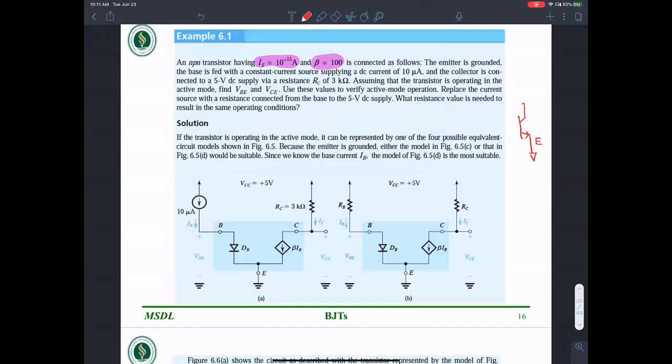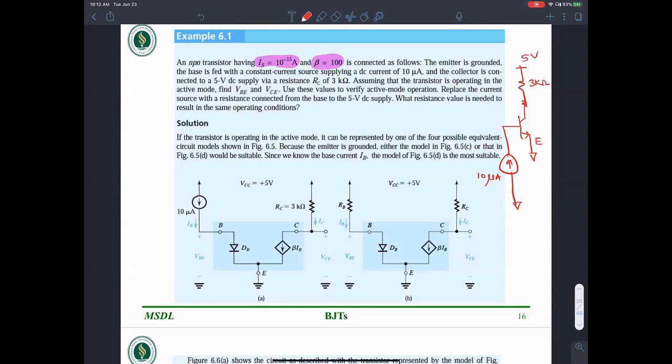The base is fed through a constant current source of 10 microamperes, and the collector is connected to a 5-volt DC supply through a 3 kilo ohm resistance.